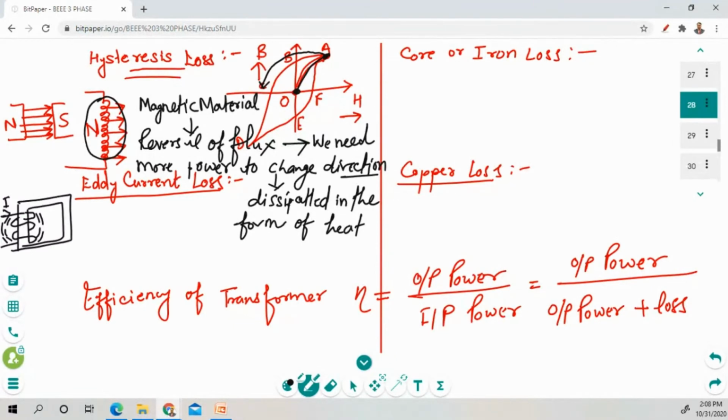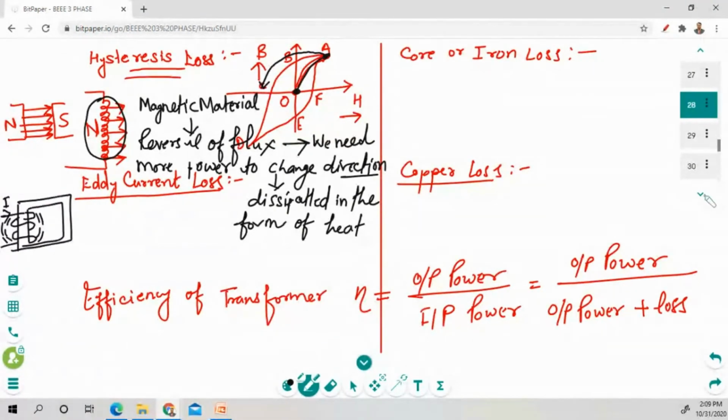Why is this heating going on in the transformer? There is a leakage, and this leakage occurs because of the more power we have provided. This whole process is called hysteresis loss.